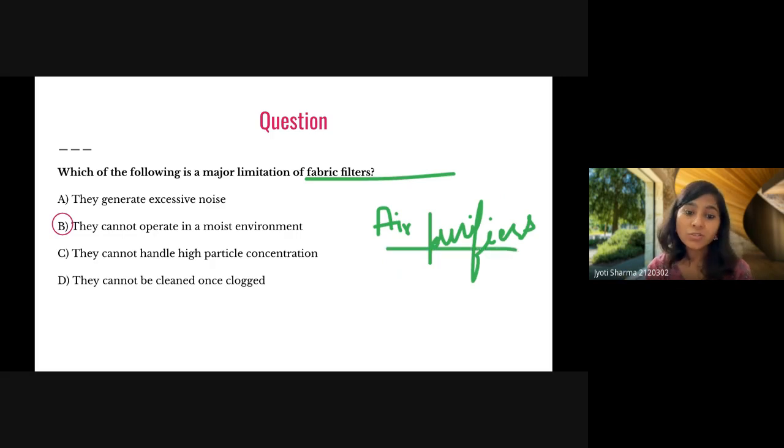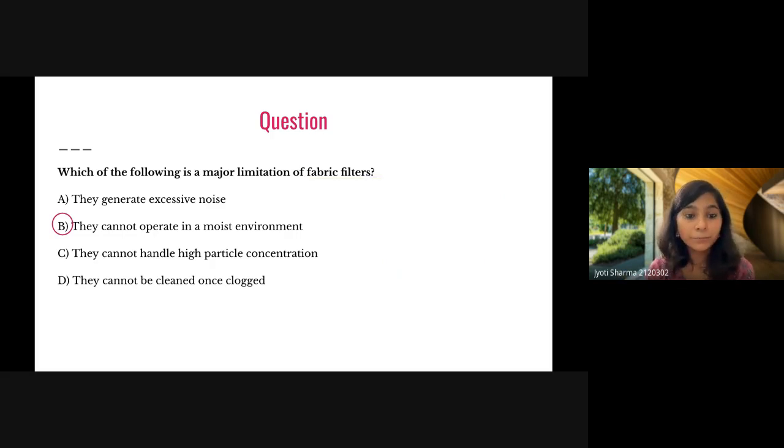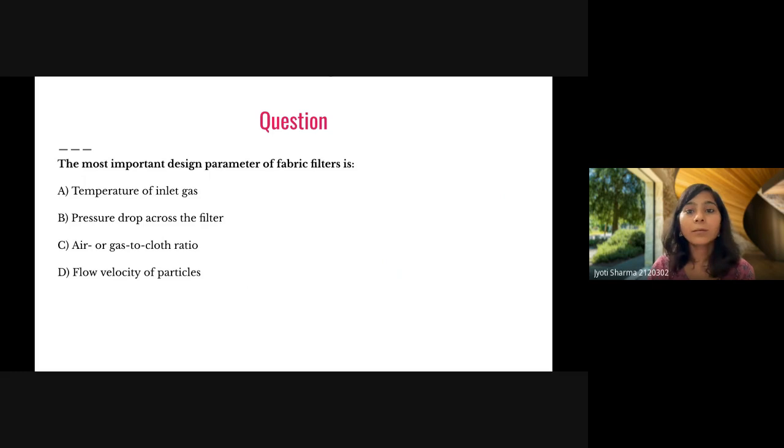I think we have some question and we will solve that also. The important design parameter of fabric filter is, now we are talking about the technical thing, can you tell me the most important design parameter of fabric filter? Temperature of inlet gas, pressure drop across the filter, air or gas to cloth ratio, flow velocity of particles.